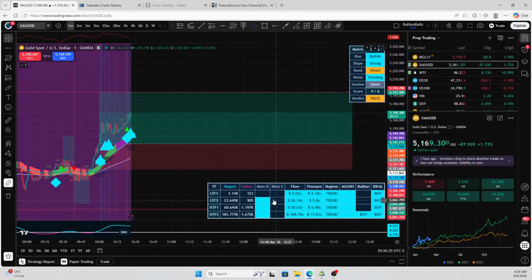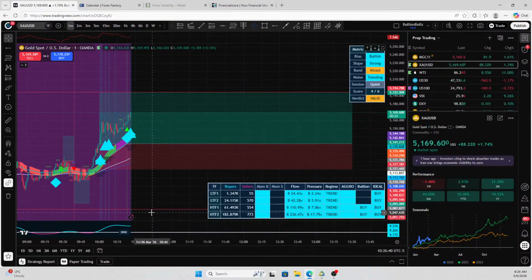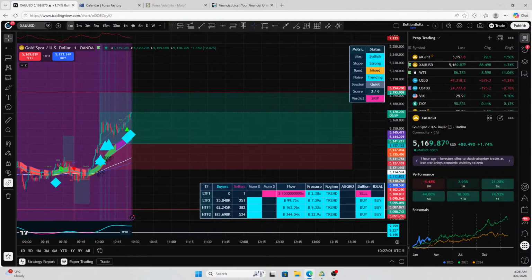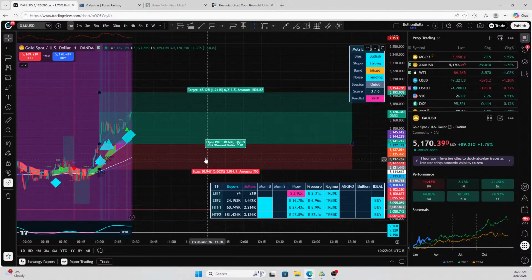This is really, really strong with buyers coming in heavy into the market. The pressure is extremely strong and mounting up. I would want price to really push up and aggressively push to the target. Yeah, the pressure is extremely strong.